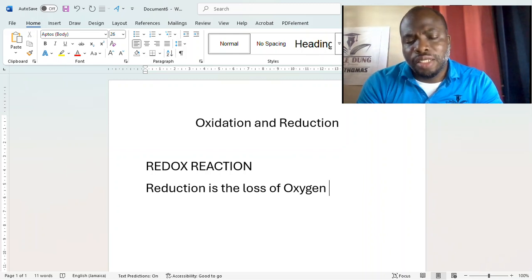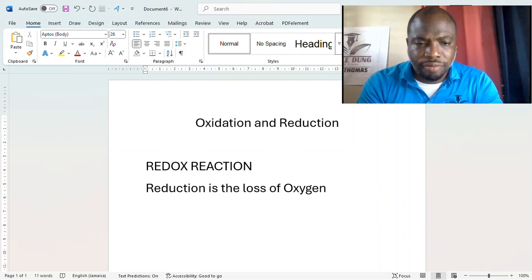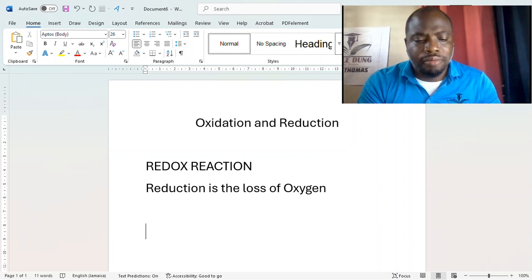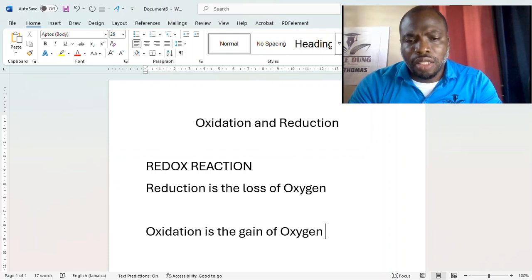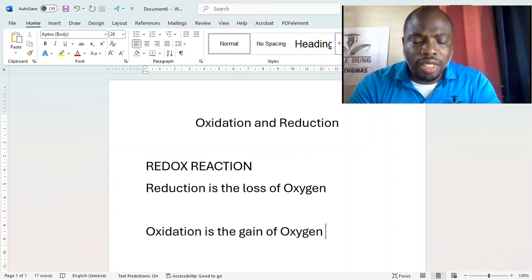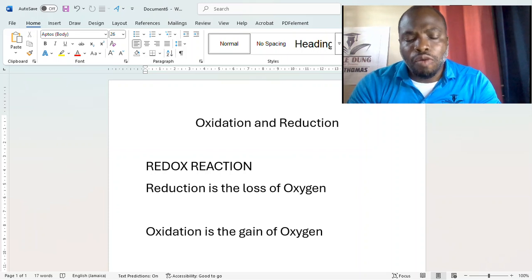So typically, when a compound loses oxygen, then it is being reduced. Oxidation is the gain of oxygen. So typically, they would have made a link that once a compound is gaining oxygen, then it is being oxidized. Once a compound is losing oxygen, then it is being reduced.